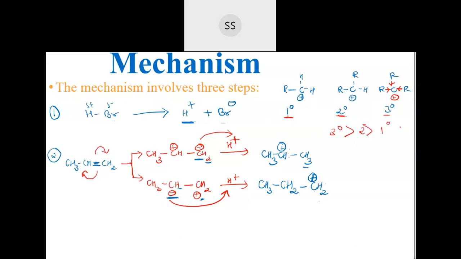Now can you identify between these two carbocations? I will label this as A and this as B. Can you tell me which among these is more stable? A is more stable or B is more stable?